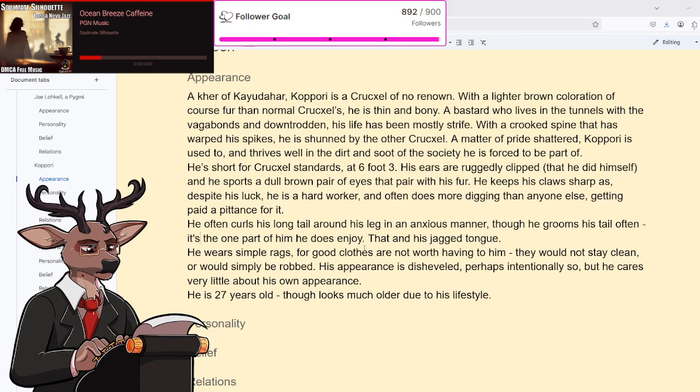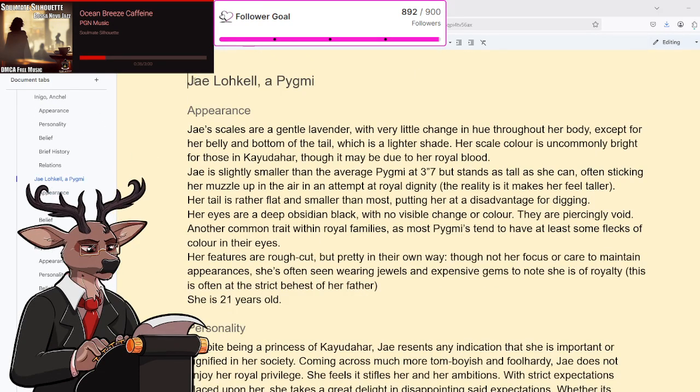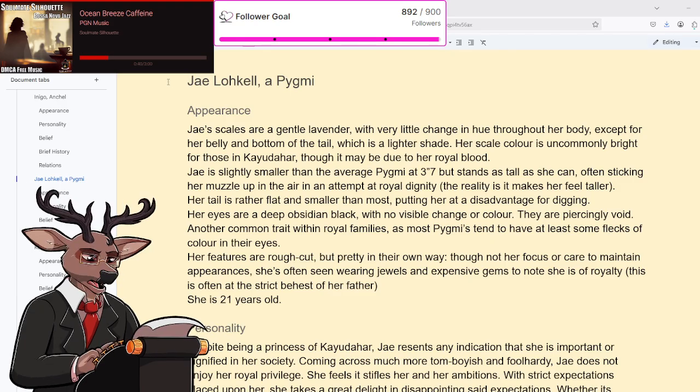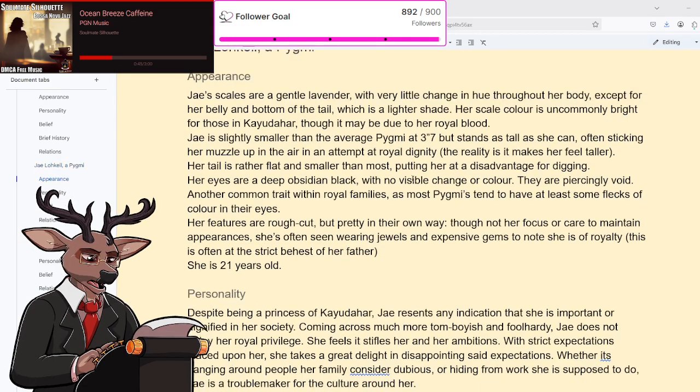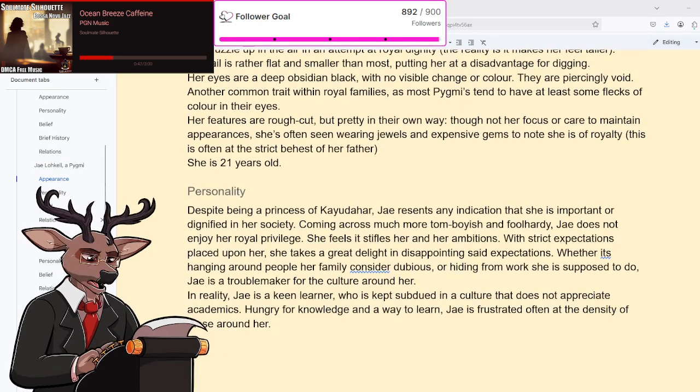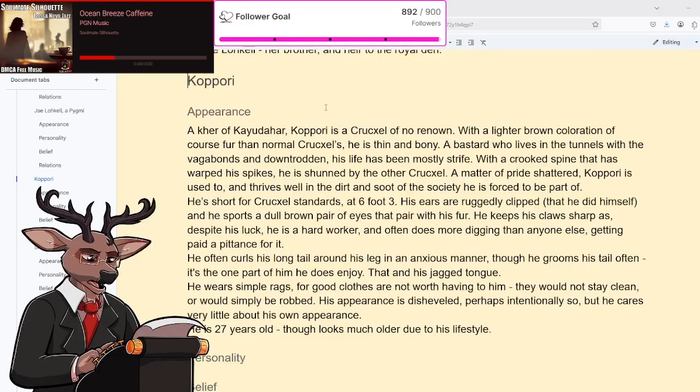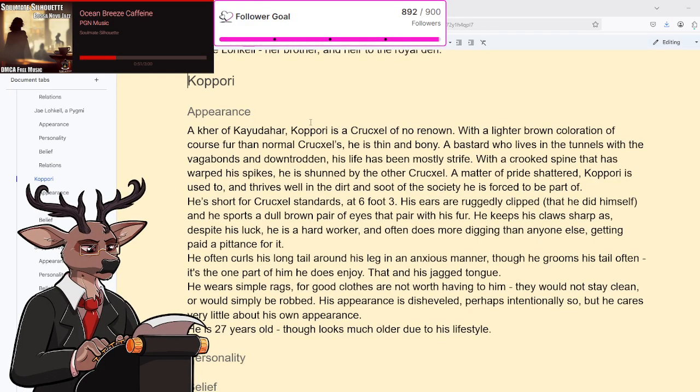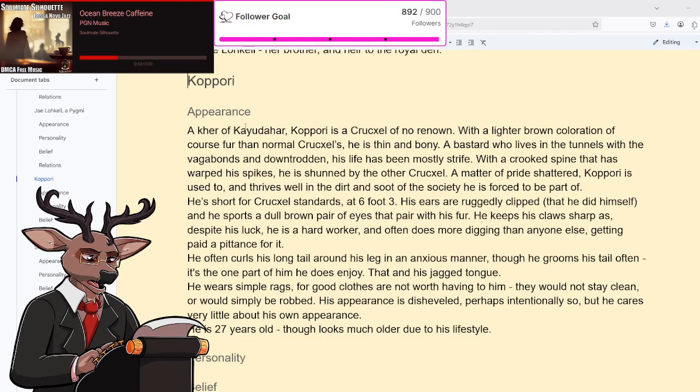So, Kapori is friend of Jay. Where Jay is a royal princess, Kapori is very much not that. Very much like Lady and the Tramp sort of thing, but they're just friends.